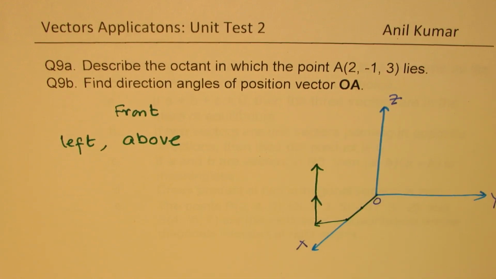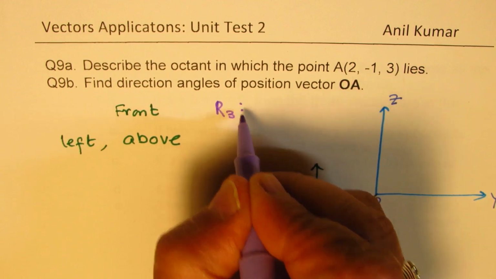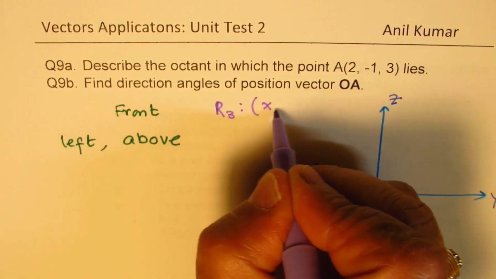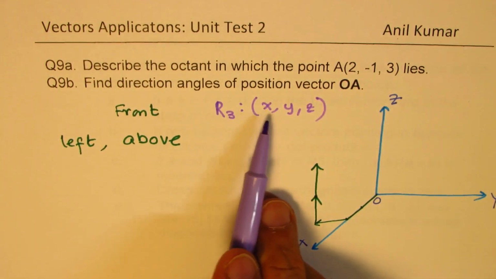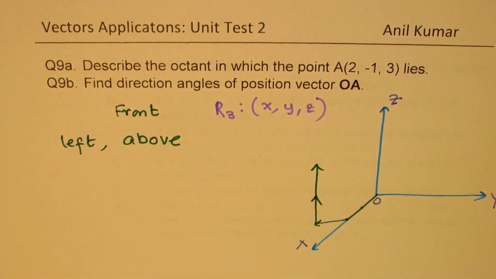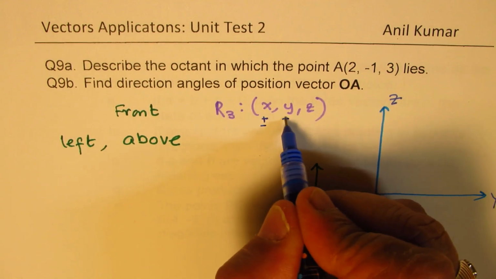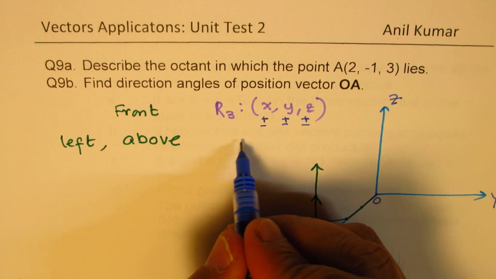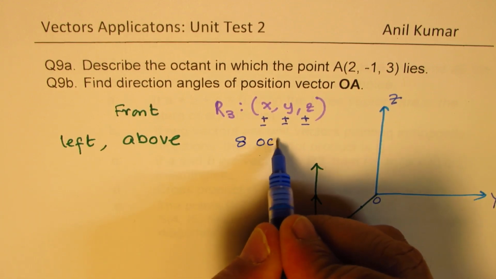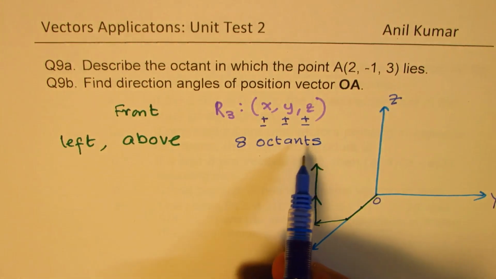In R3, you will notice that it's important to see this way. We're talking about the values x, y, and z. Now each one could be positive or negative, right? These positive and negative values give rise to 8 octants, and these octants are described like this.